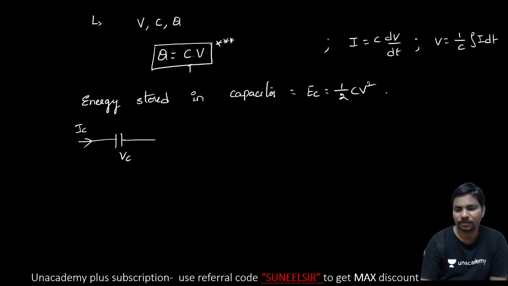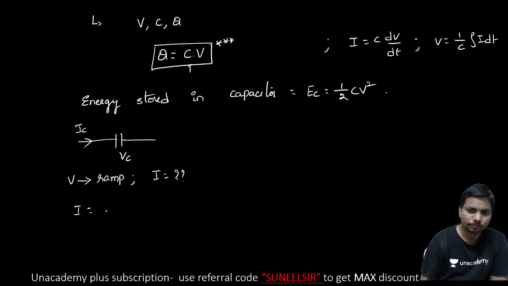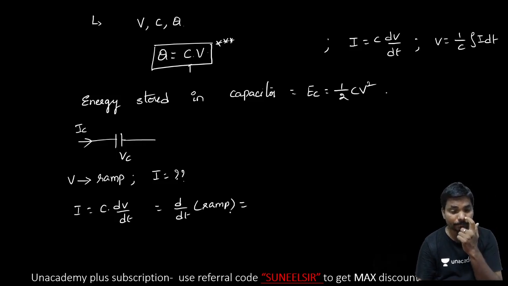So if the given voltage waveform is a ramp, then what is the current waveform? Current I is equal to C into dV by dt. So if you differentiate the ramp, what do you get?